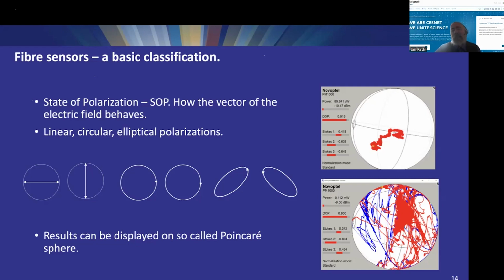And the results, again, can be displayed on something which we call the Poincaré sphere. And you do not see these circular or elliptical curves. You will see different points. And on this picture, every point represents a certain polarization.